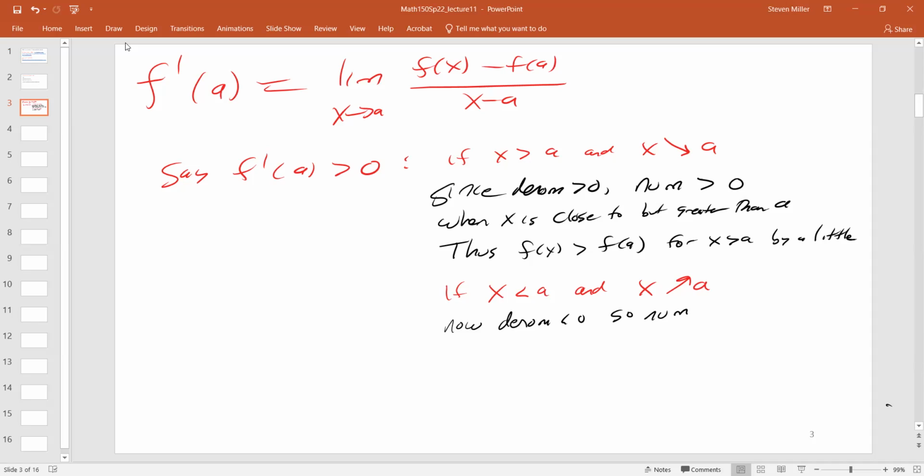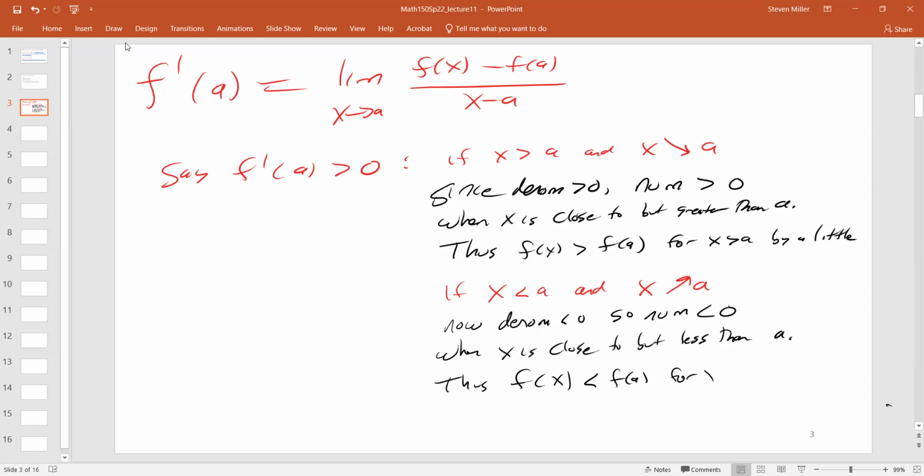The limit is f prime of a, which is positive. So what must be true about the numerator? It also has to be negative. So the numerator is less than 0. So when x is close to but less than a, f of x is less than f of a, for x less than a by a little.